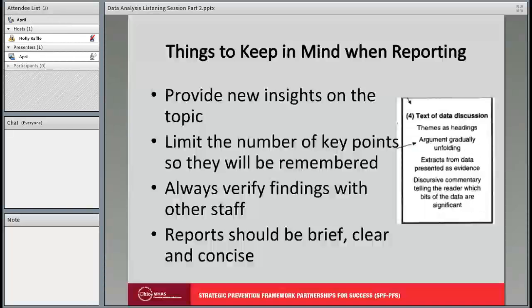Just to give you a little bit of preparation, and something that can help when you're thinking about reporting: the idea of reporting the focus groups is you want to provide new insights on the topic. Use your themes and theories as headings and limit the number of key points so that they will be remembered and that they're insightful.